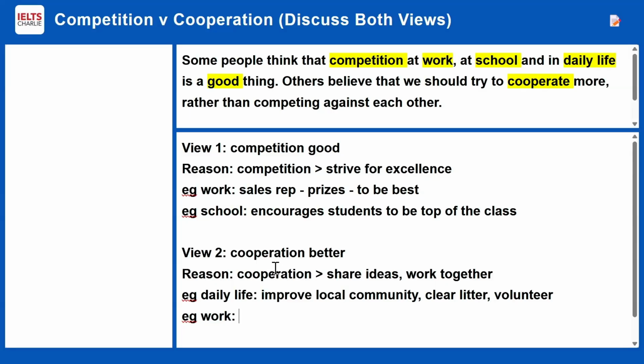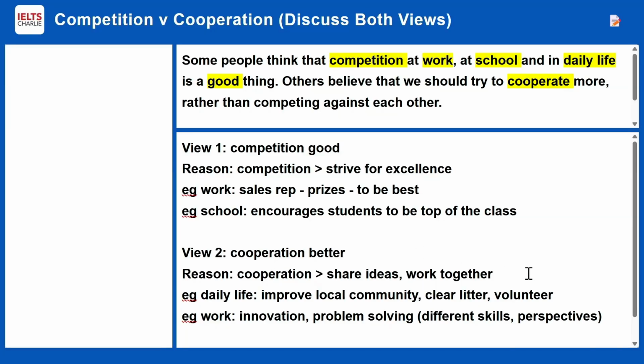So how might cooperation help people achieve things at work? Well, I think if people work together and share ideas, you're more likely to get innovation, so new ideas. And also, if people work together and share ideas, they can solve problems because they have maybe different skills or different perspectives on a particular problem.